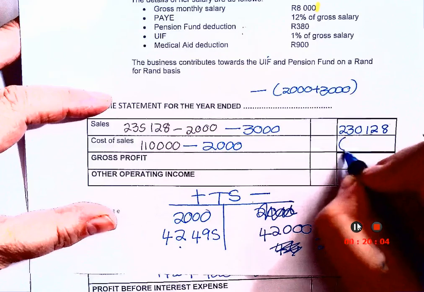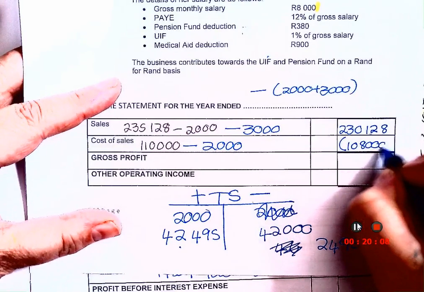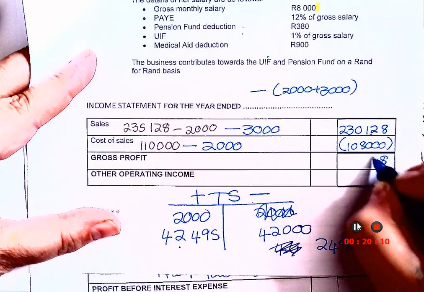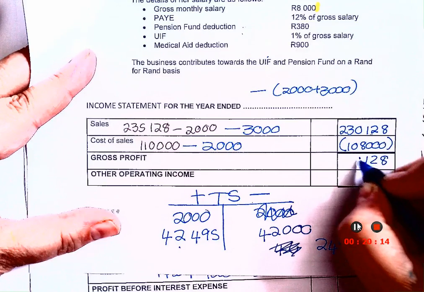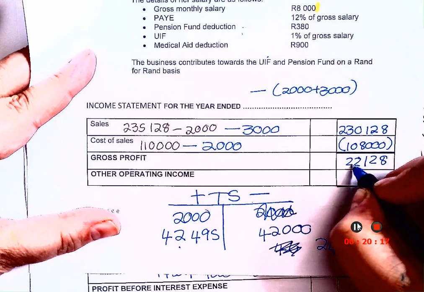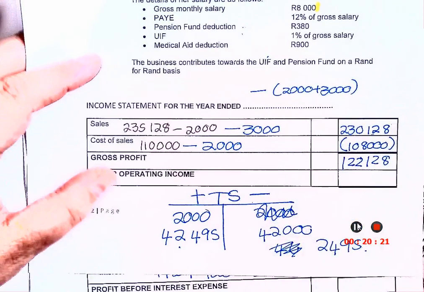What's the cost of sales? And the gross profit? Is that right?